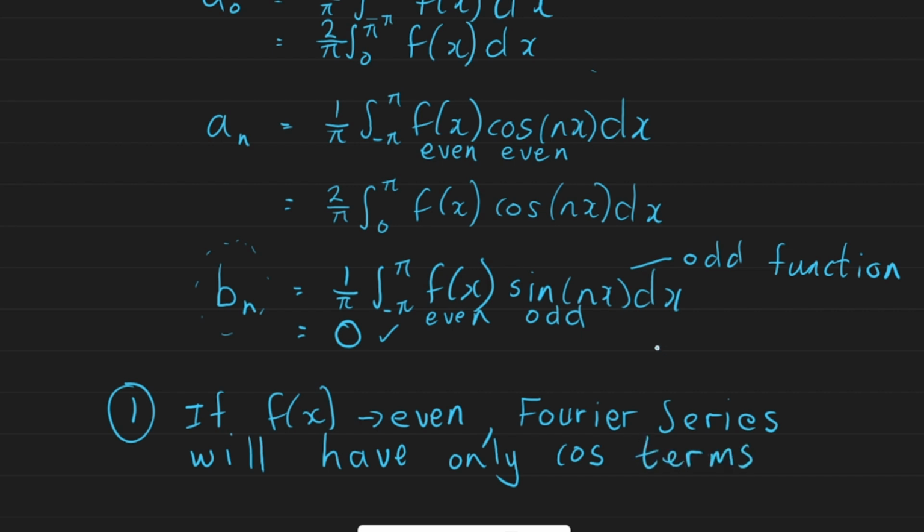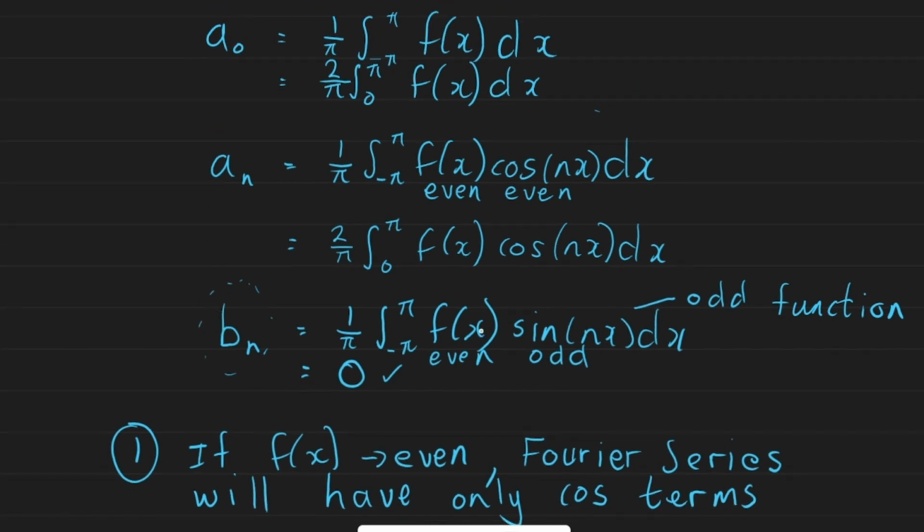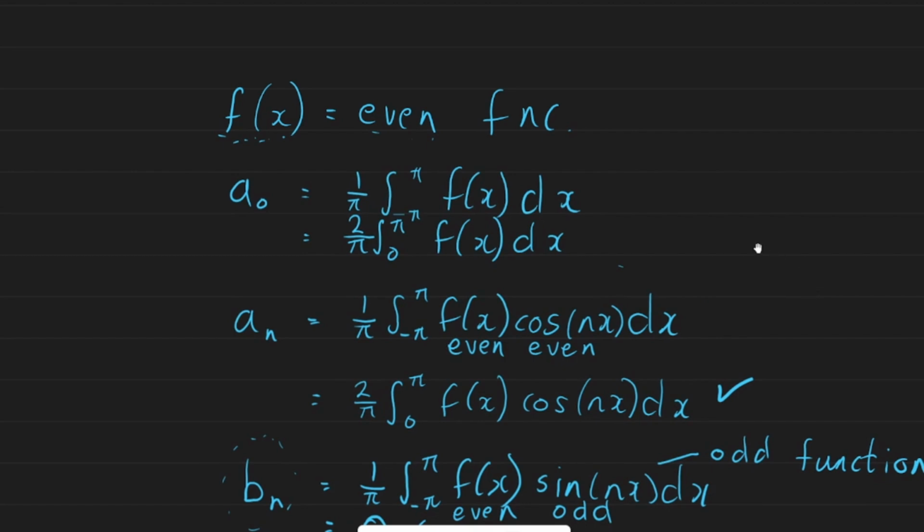So that means we only have to determine an. And we can do it with this simplified expression that we have shown here. So that's the first important fact. And this is considering that f of x is an even function.